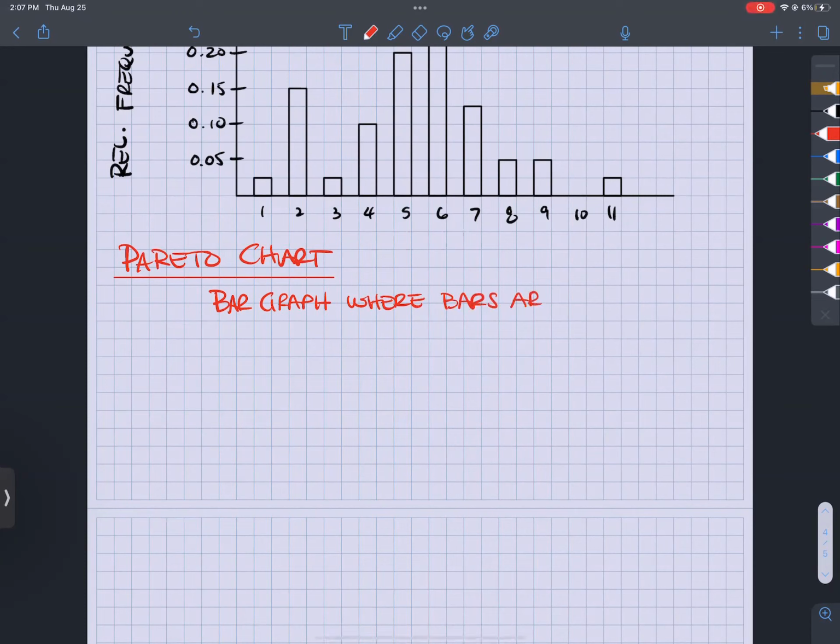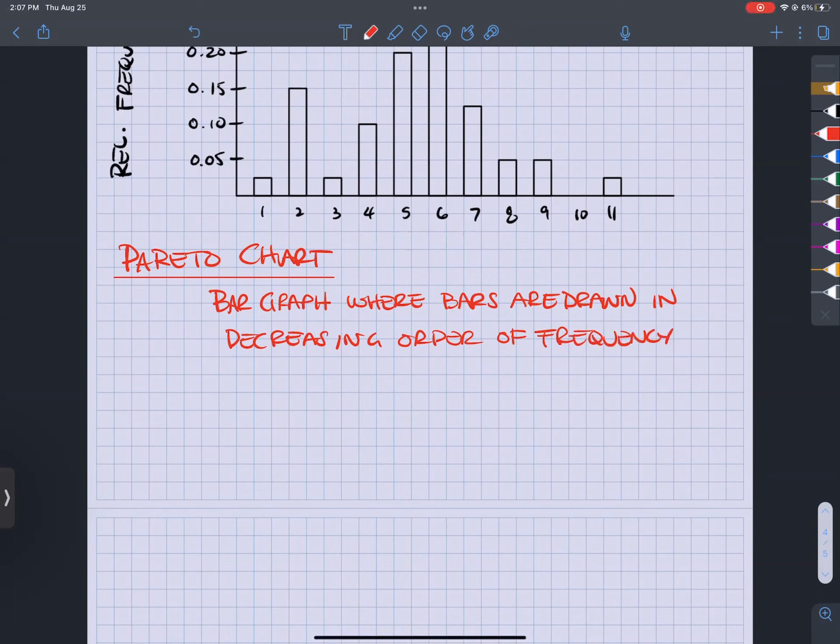Bars are drawn in decreasing order of frequency or relative frequency.